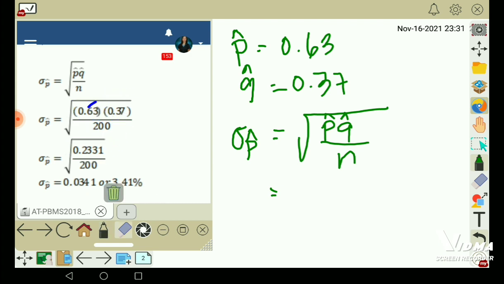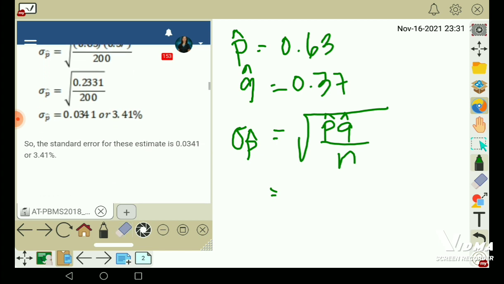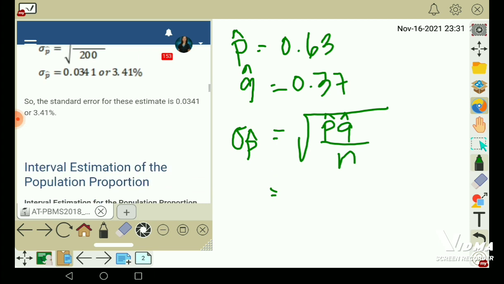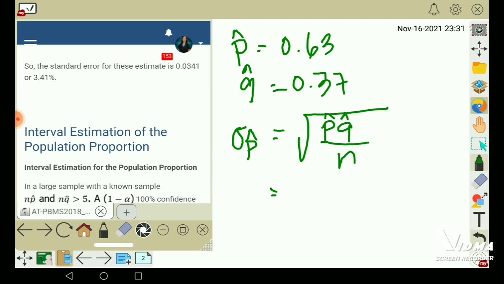So your standard error for your sample proportion is given by 0.0341, or 3.41%.